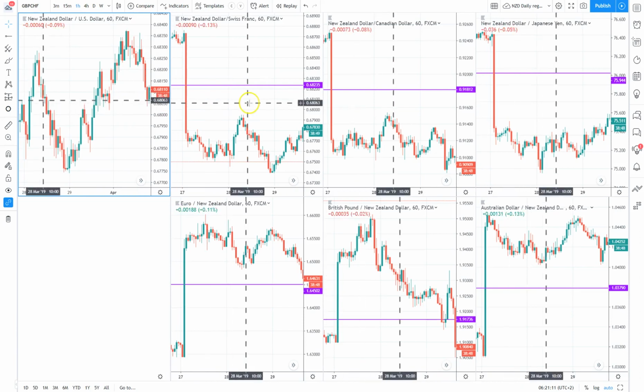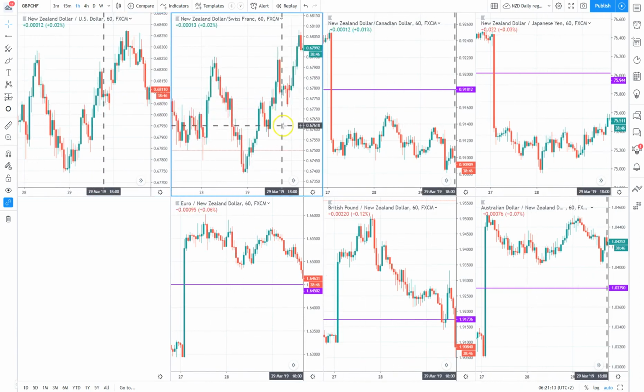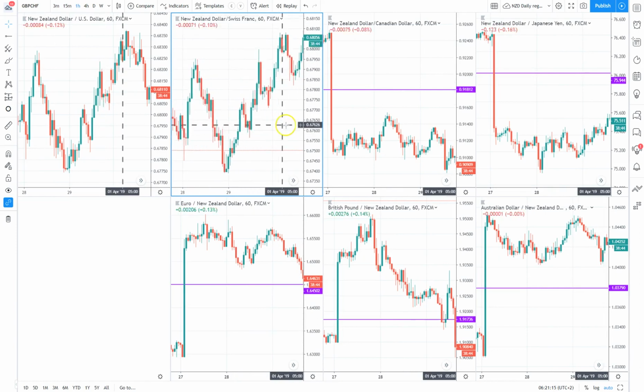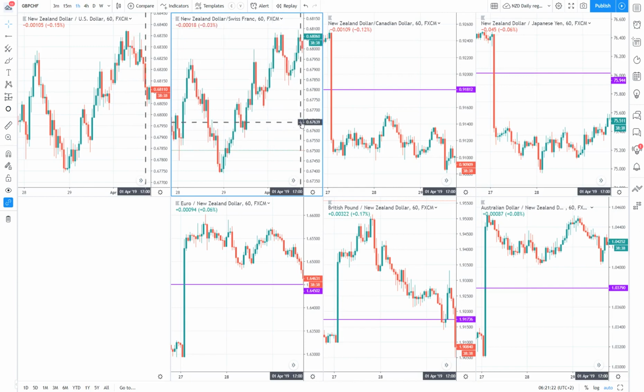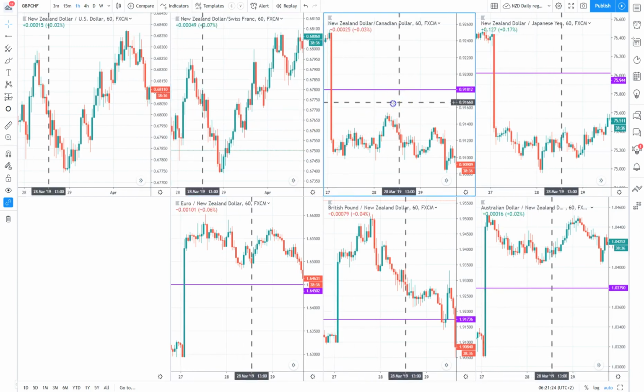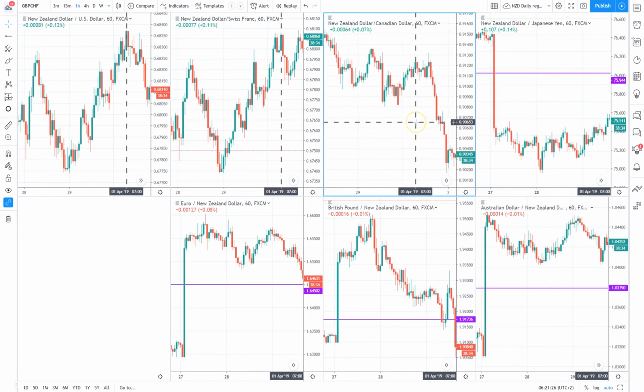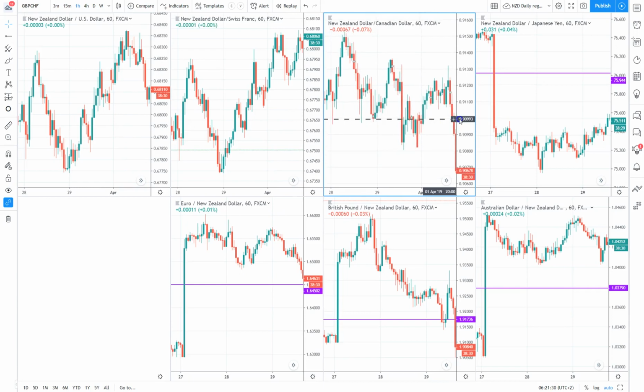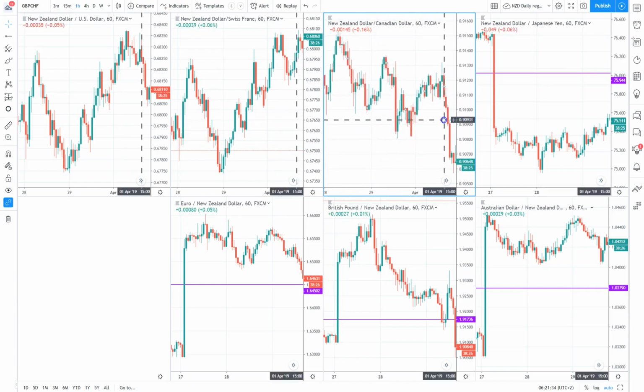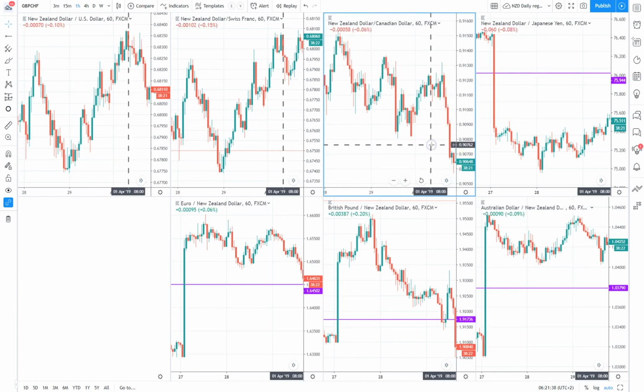April 1st, 1700 hours. Let's have a look at that same area. April 1st, 1700 hours, a few candles more. There we go. April 1st, oh, I'm already too far. So this one not really pulling back, right? Just keeps on going lower and lower and lower.